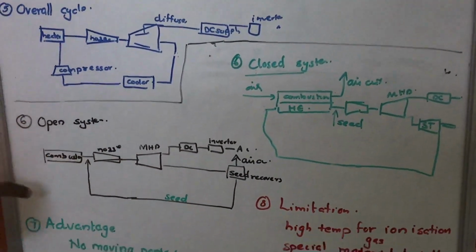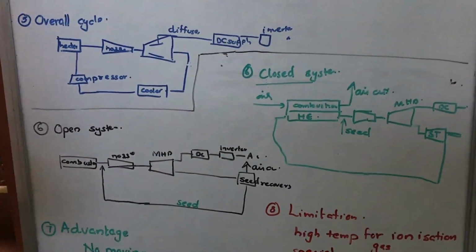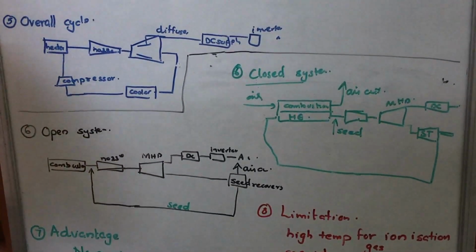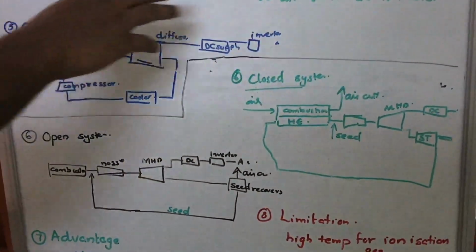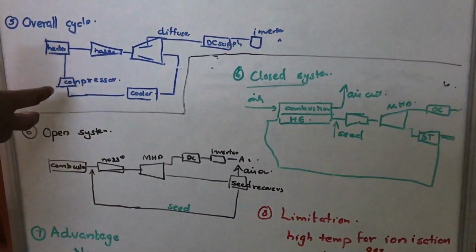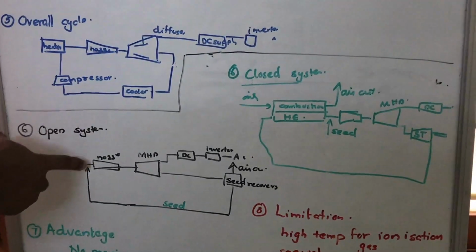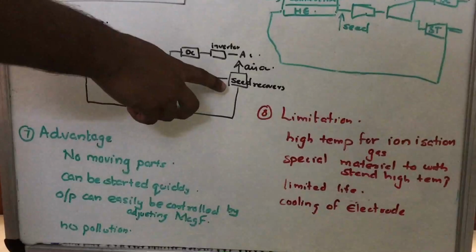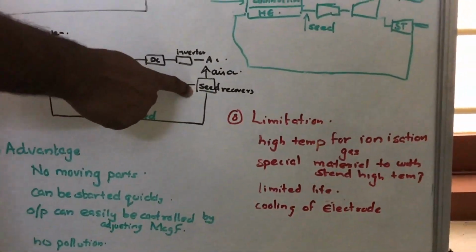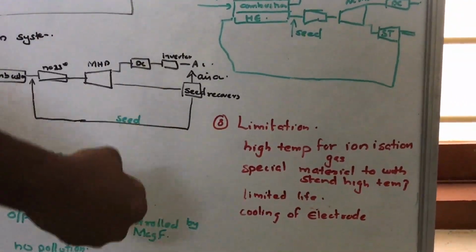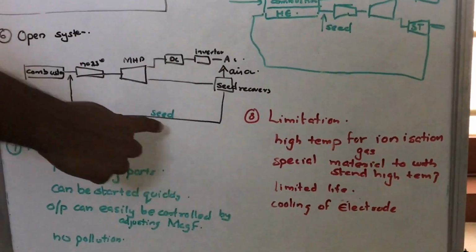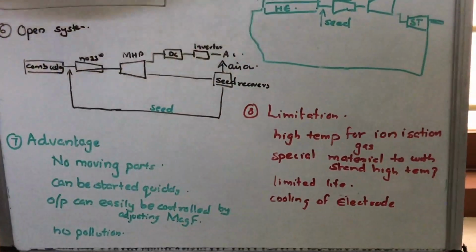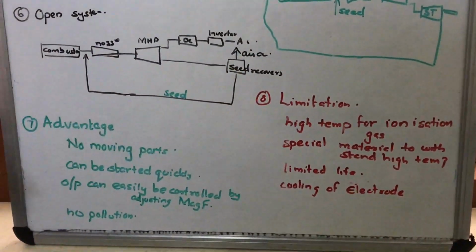After electricity generation we give out the air, meaning we do not take it again. But we have introduced seeds, calcium and potassium, so there is a mechanism by which we recover the calcium and potassium and supply them back, but the air is given out. That is called an open system.